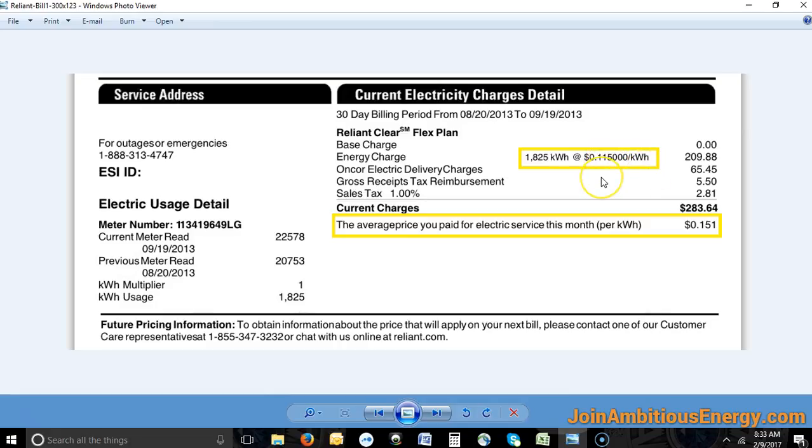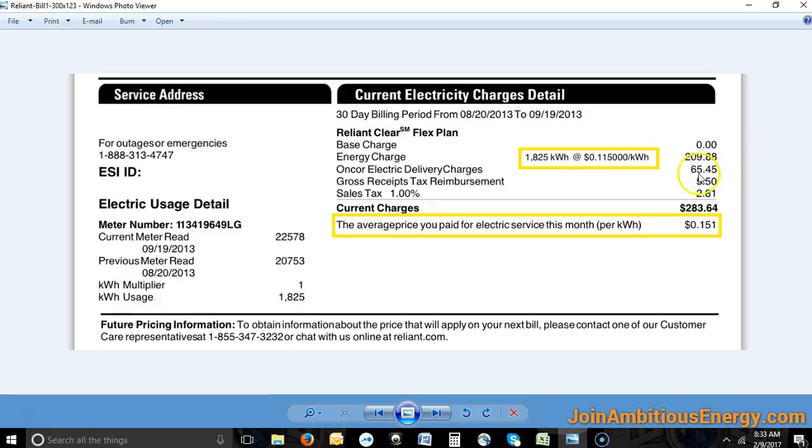But to do an actual apples to apples comparison of another rate, and this is what can save you a lot of money, you have to consider and factor the average rate. And here's why. The average rate is going to include the energy charge rate and the delivery charges from your local utility. And this is in North Texas, so this is in an Oncor territory. You can see here, Oncor electric delivery charges came out to $65.45.